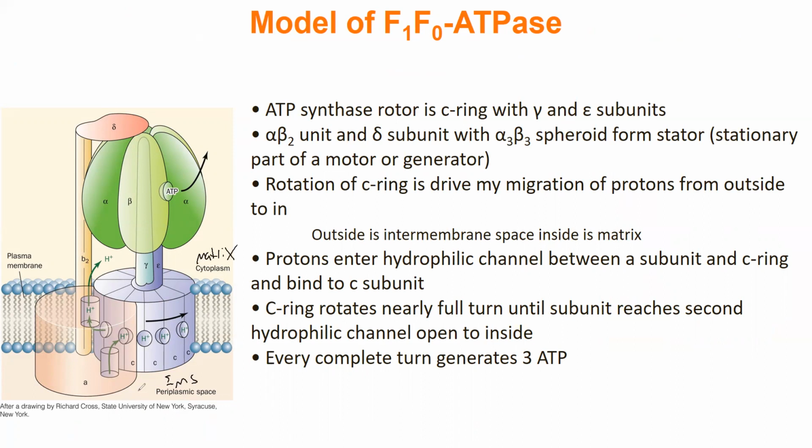So when we look at this complex, the ring, the F0 unit is made out of what are called C ring. So they're just a bunch of proteins that form a giant ring. And on these rings, you have space for protons to bind. So a proton will go through this A subunit, which again, we don't know what it looks like.